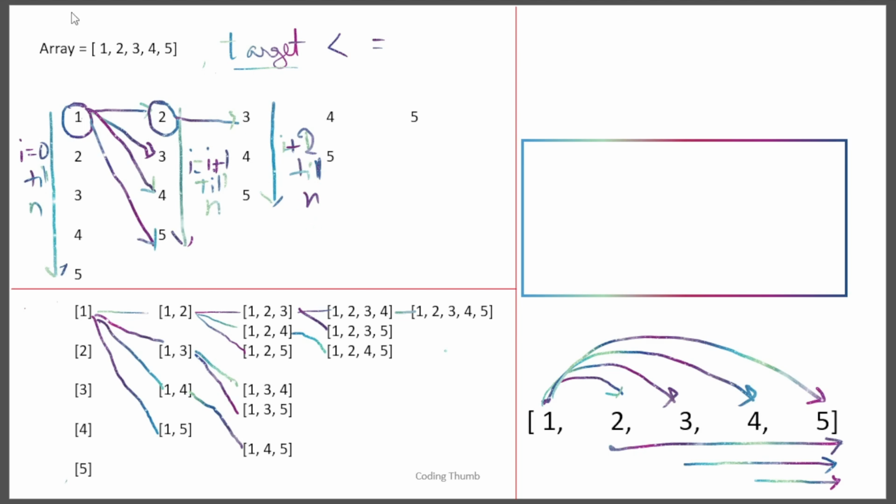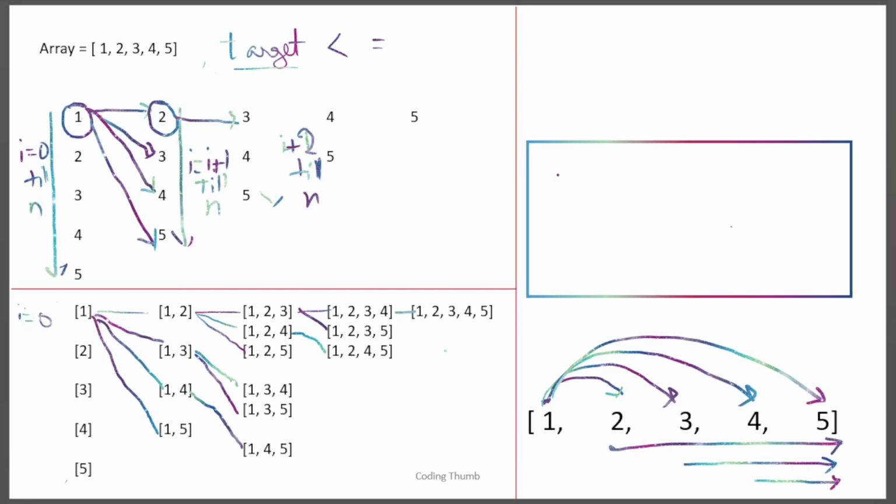Now, how does this look if we write a recursive code? So we know we have to run an iteration from an index value till the end, that is n, and we can construct a path saying path equals path plus the array of the index value, and this can be called recursively.